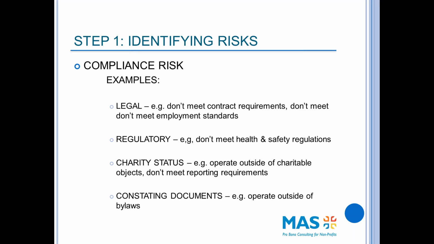It's just a fancy term for the basic legal documents that form the basis of your organization. So that's your bylaws or your constitution, your letters patent, the basic legal documents that you have to operate within, so that you have a risk that you operate outside of your bylaws, for instance, and there would be consequences for that.